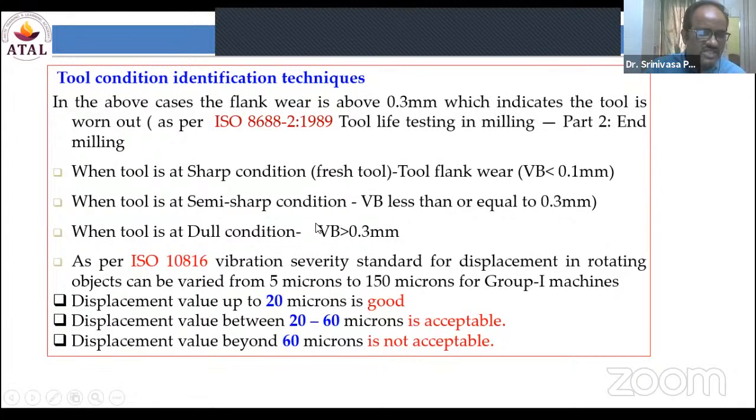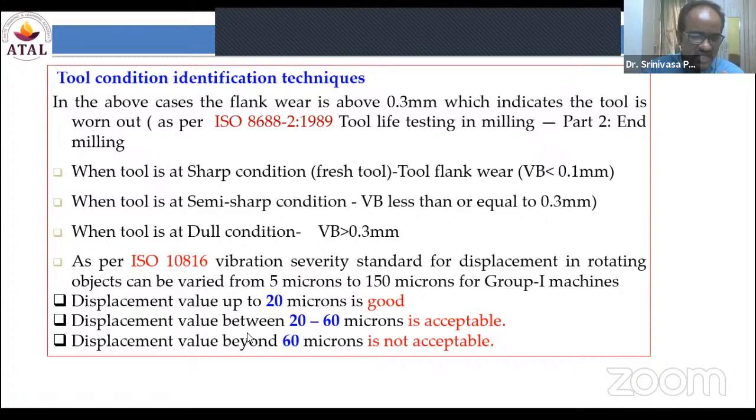That is why I considered ISO 8688-2 for judging the tool wear of multi-point cutting tools. If it is a single point cutting tool, ISO 3685. And these values are considered as cutoff values with respect to rejection of the cutting tool, and also as cutoff values with respect to the vibration signal.